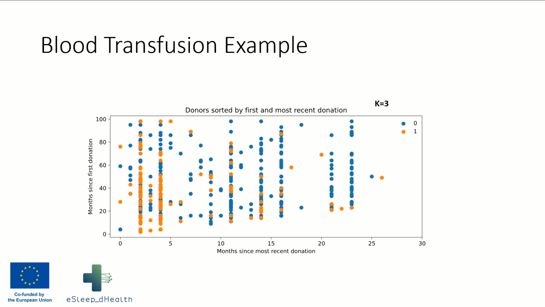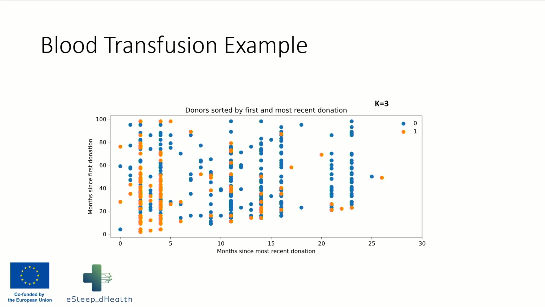And we can already see kind of a pattern that people who recently donated and recently started donating overall have more orange dots, and orange here means the one, so a person who did donate in March 2007, so think back of the example we had before.